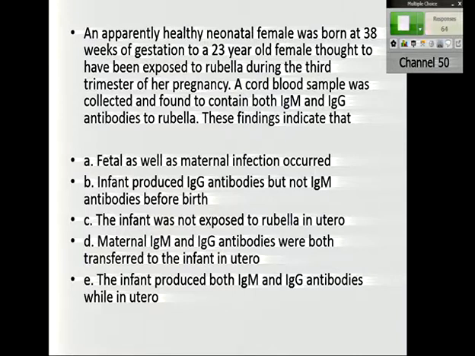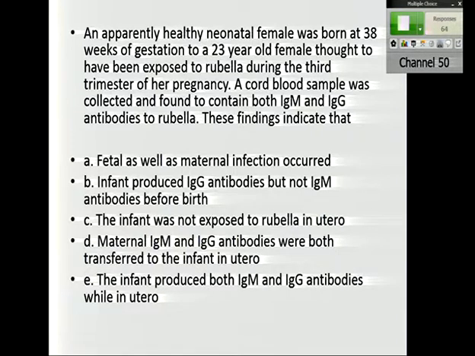This is a virus, rubella. She had rubella during her pregnancy, and now the baby is born, and no, it's not born.